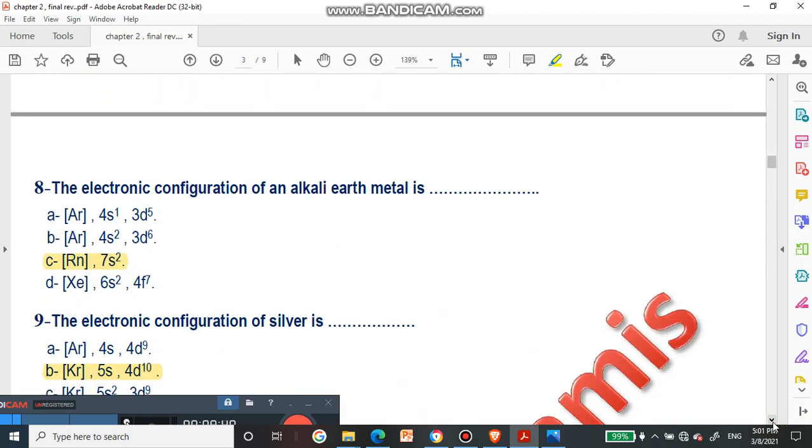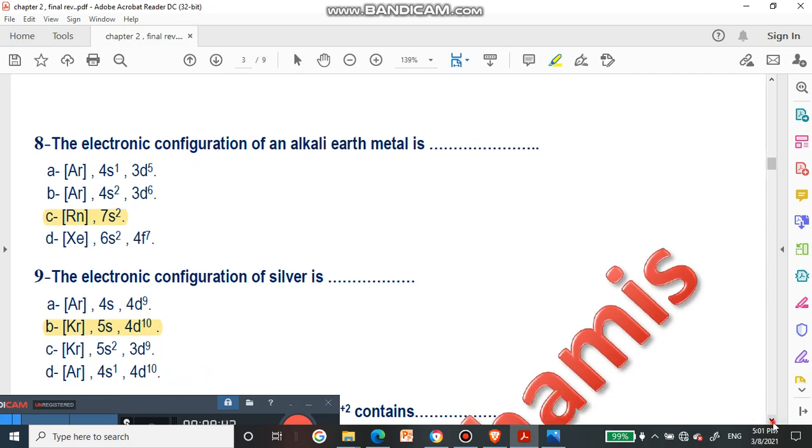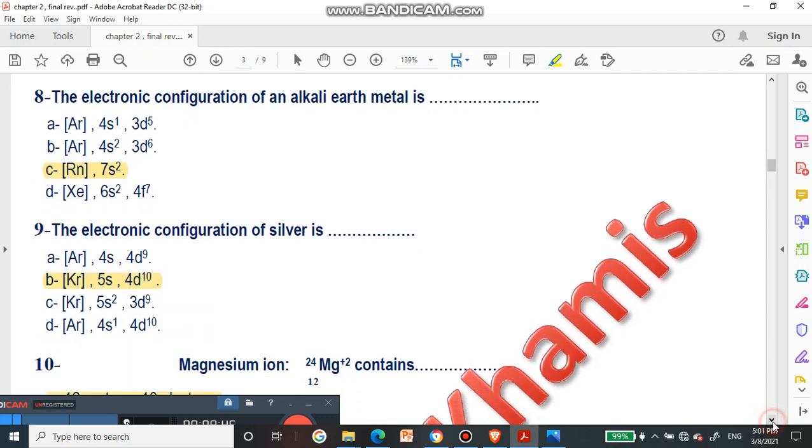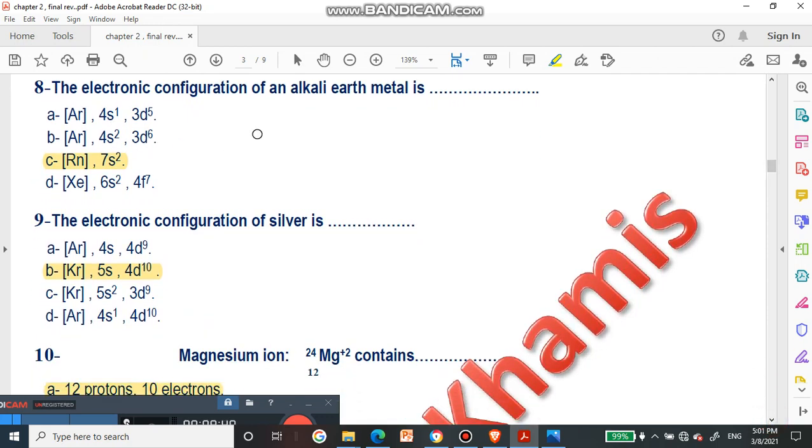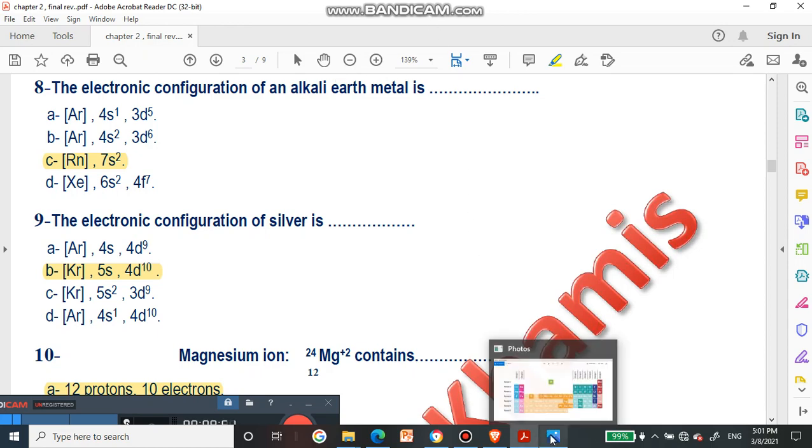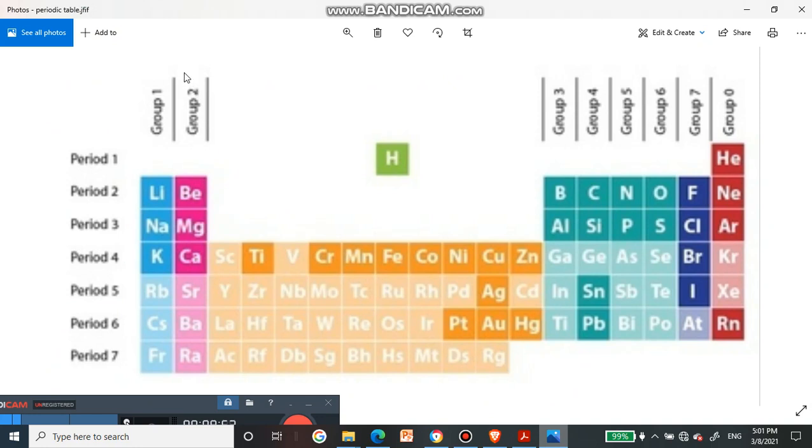Let's go to question number 8. The electronic configuration of an alkaline earth metal is... If we are talking about alkaline earth metals, we have group 2 in the table. So we have beryllium, magnesium, calcium, strontium, barium and radium.